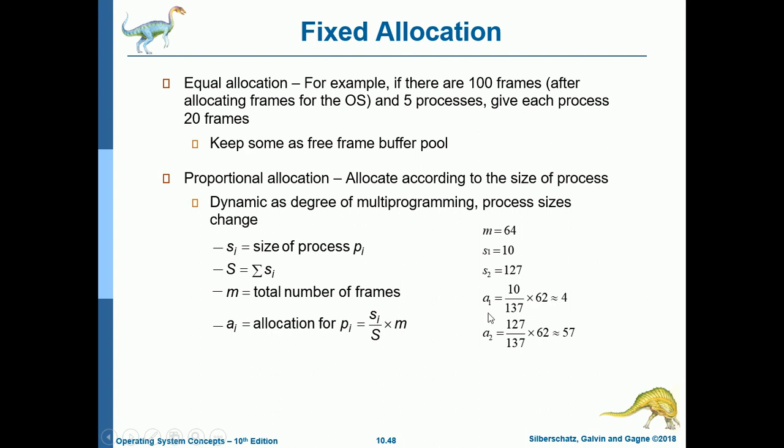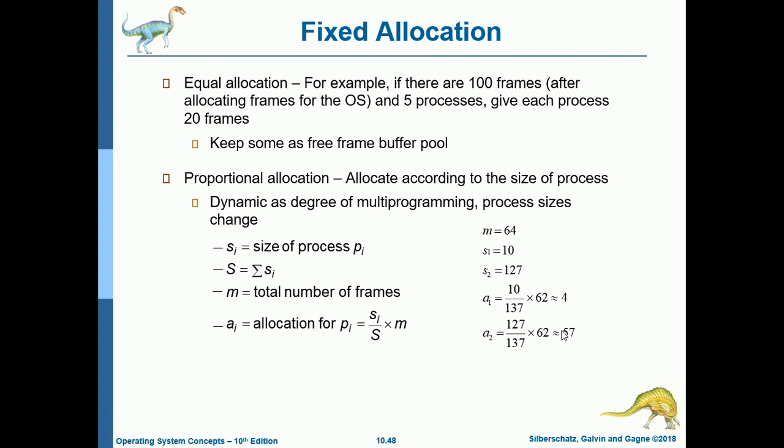Times the total number of frames, 62, which is approximately 4. So for the process with size 10, 4 frames will be allocated. How about process 2? The size is 127 divided by 137 times 62, which is approximately 57.